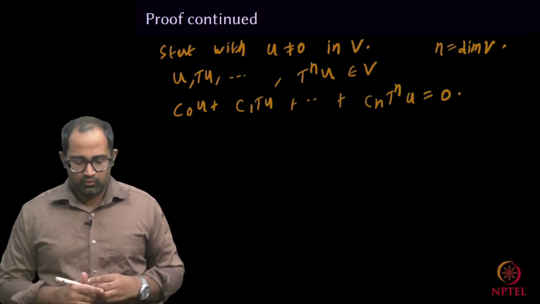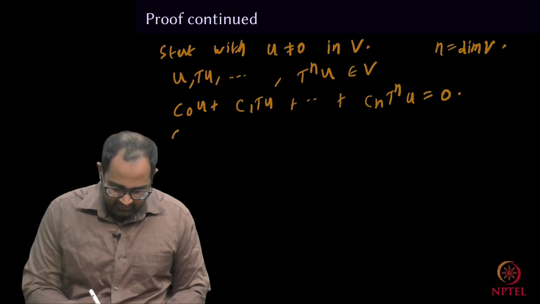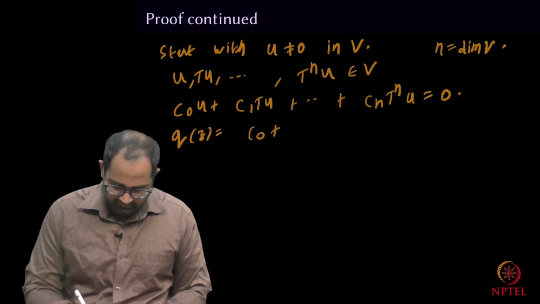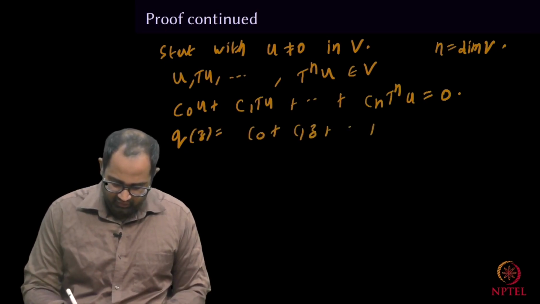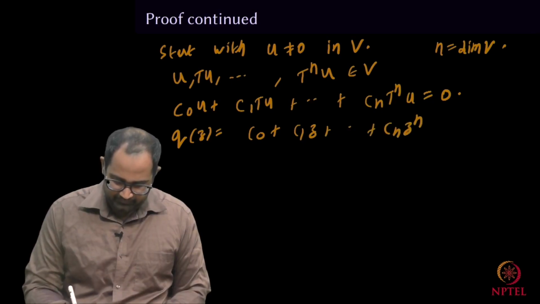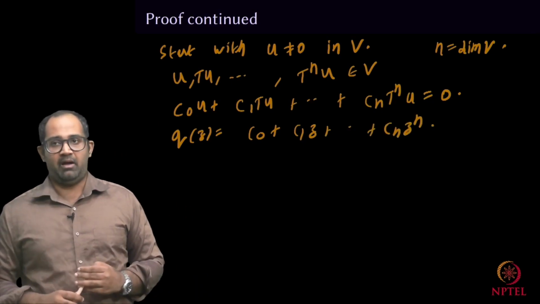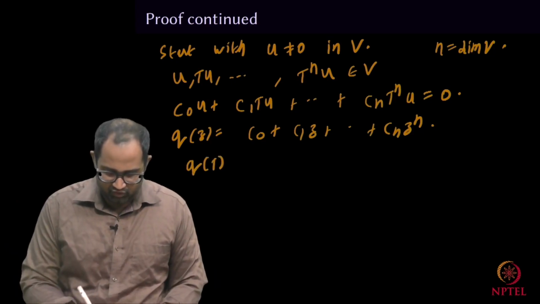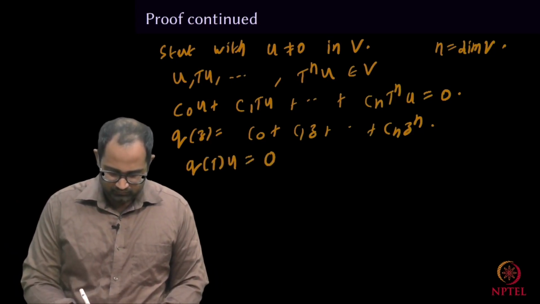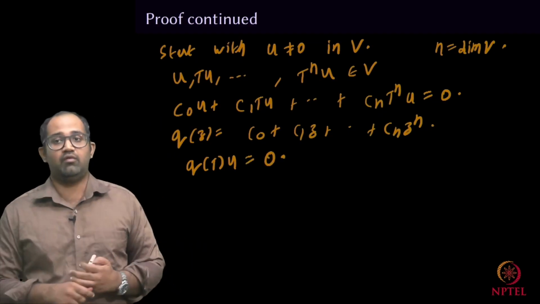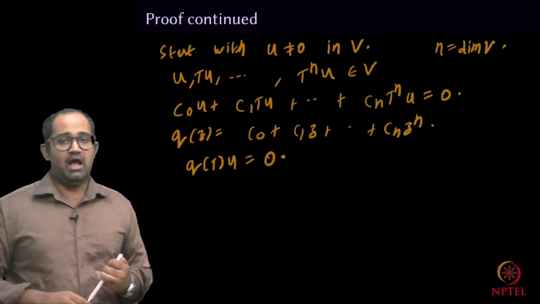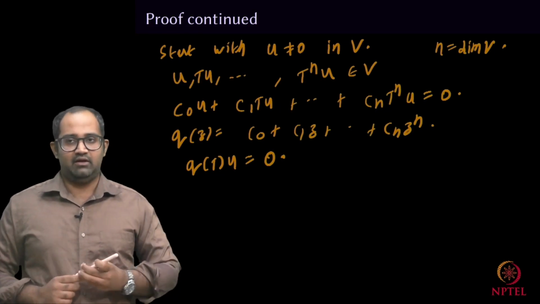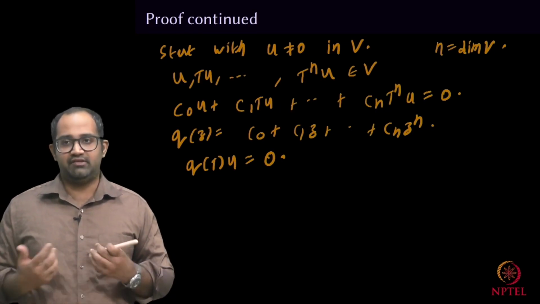Okay. Now what you do is you call the polynomial q of z to be C0 plus C1 z plus dot dot dot Cn z to the power n. And the conclusion from our discussion so far is q of T destroys u. Okay. q of T u equal to 0. Now, it is by no means obvious that q of T is going to be 0.